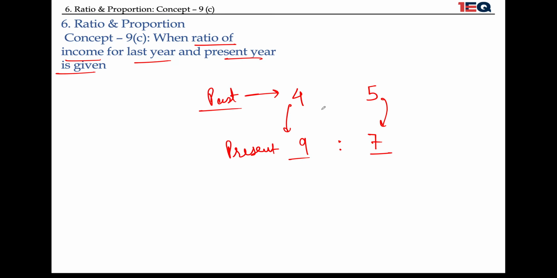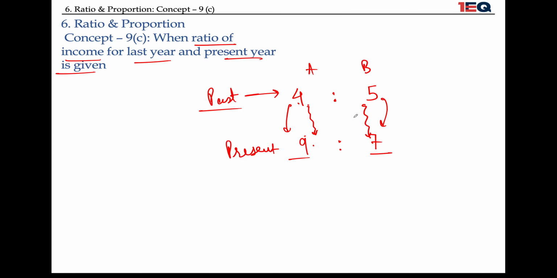This entire situation could be dealt with very easily, and the reason was that the past and the present were directly related with the same number. The ratio between the past and the present for A is 4 is to 9, and for B is 5 is to 7. That is why you could easily relate to it.